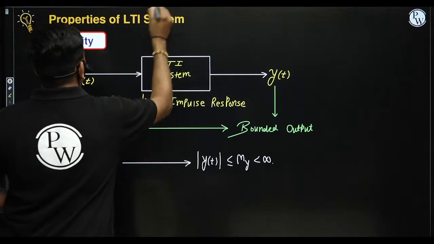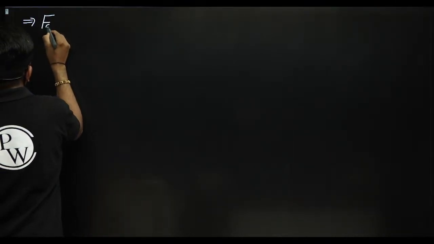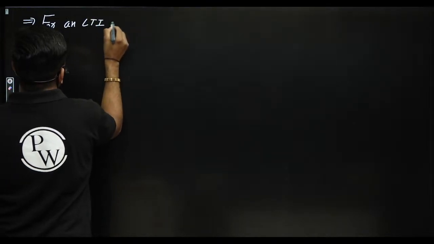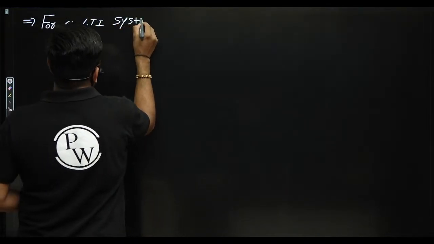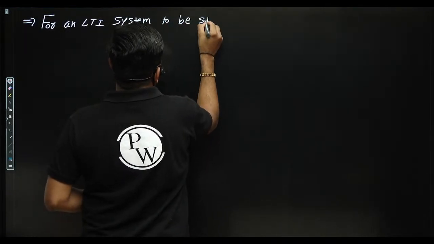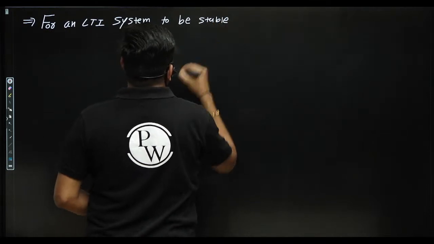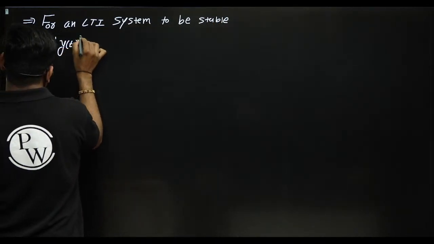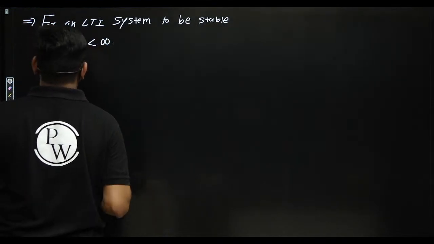So here, for an LTI system to be stable, mod y of t should be less than infinite.